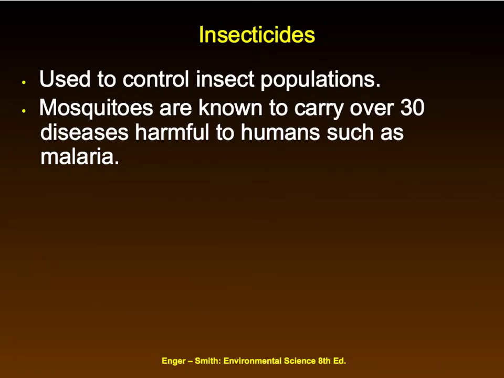As a result, we learned that it was too stable, and we had it left in the ecosystem through bioaccumulation and biomagnification because it's fat soluble. As a result, we saw the devastation in eagles and other birds and their eggs. So mosquitoes are a problem, and our first attempt at solving the mosquito problem was DDT.